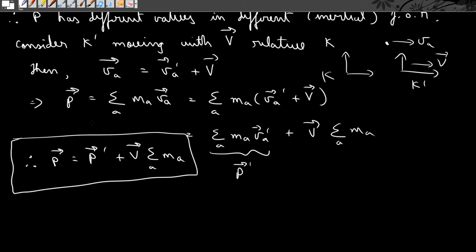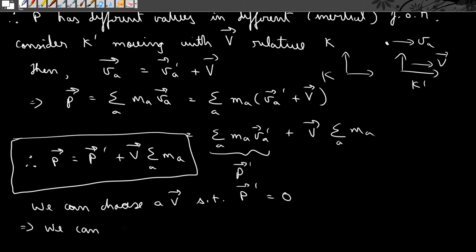Now if you notice, I can always choose a V such that P dash equal to 0. This is another way of saying that we can always choose a frame of reference K dash such that P dash becomes 0.